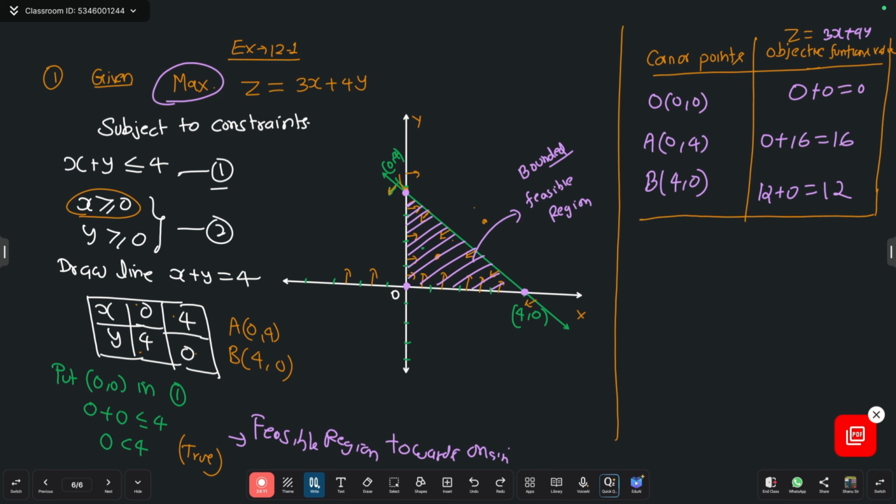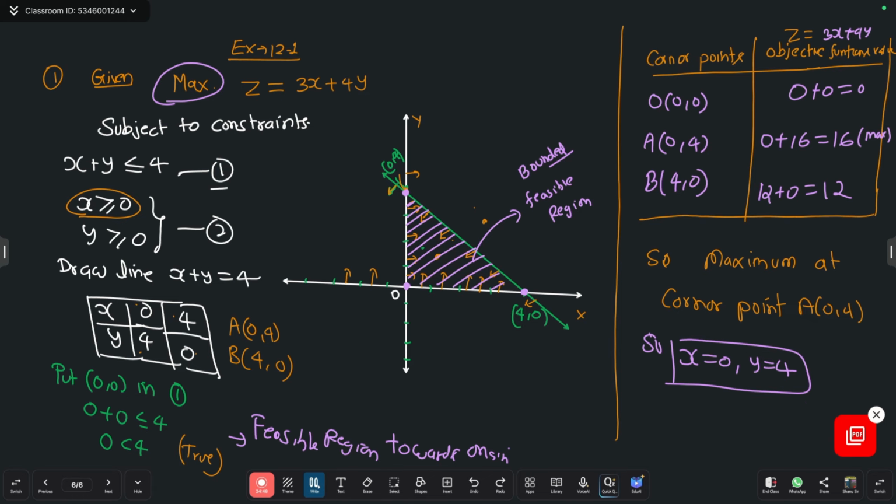Which value is the maximum? 16 is greater, so this is your maximum, at corner point A (0, 4). So what is the solution? x value 0 and y value 4 is the answer.